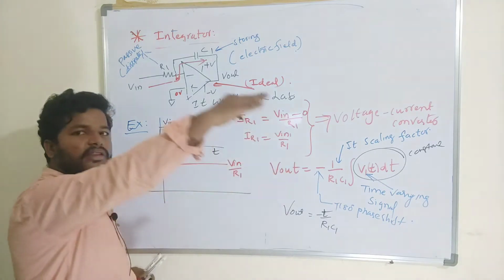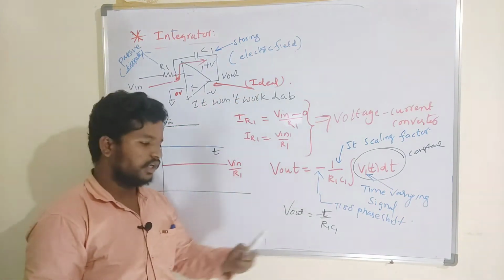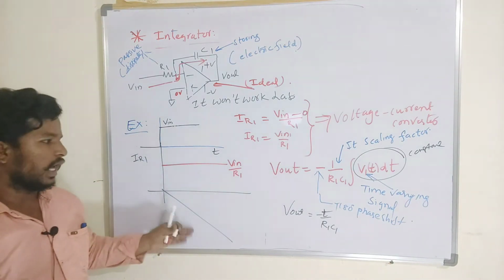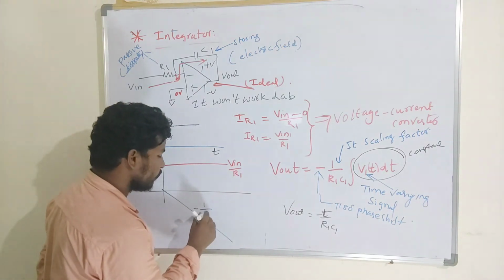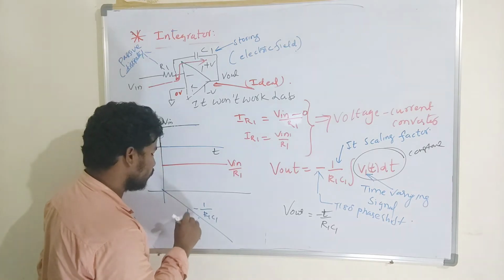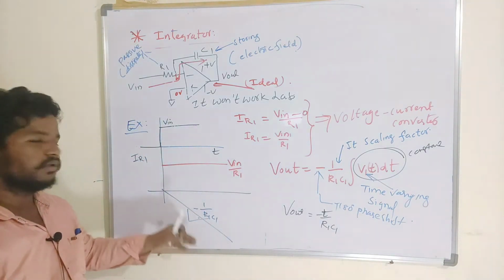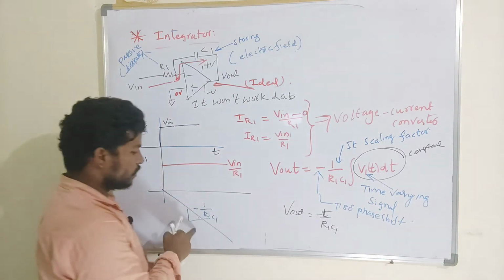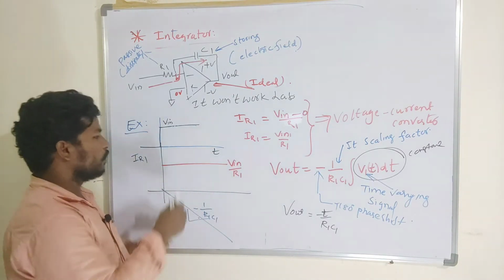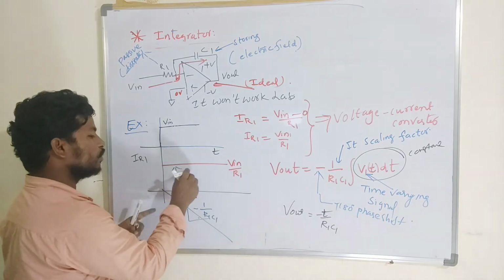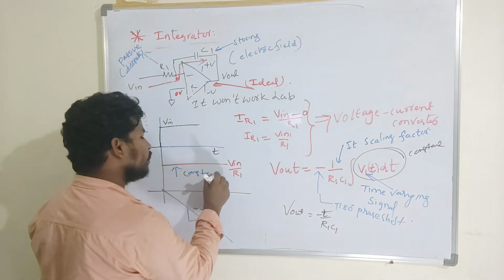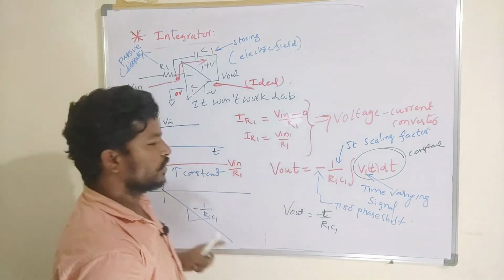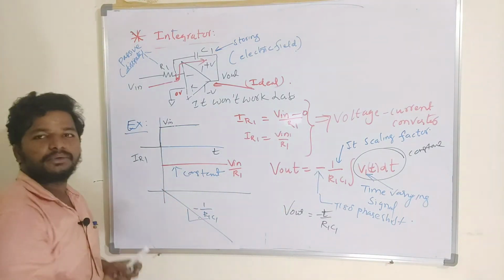So it increases linearly with a 180 degree phase shift, with a slope of 1 by R1 C1. When I integrate a constant signal, I get a linear one, and because of the negative phase shift, it grows in the negative direction.